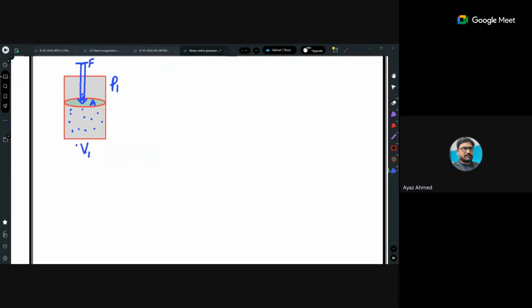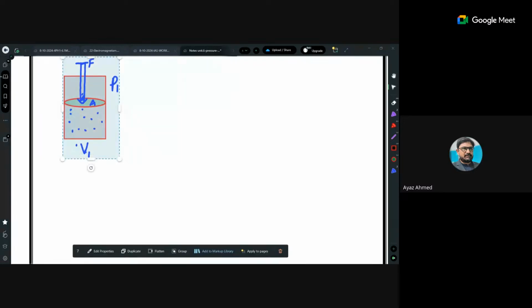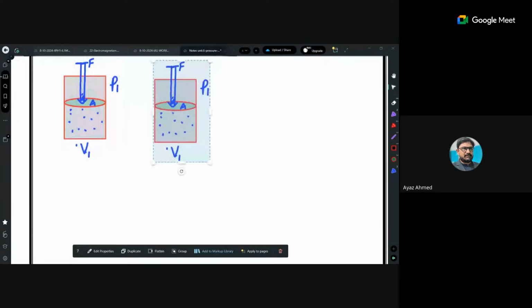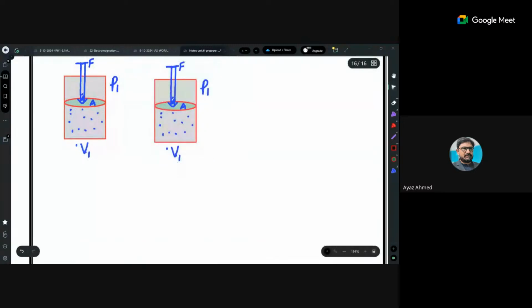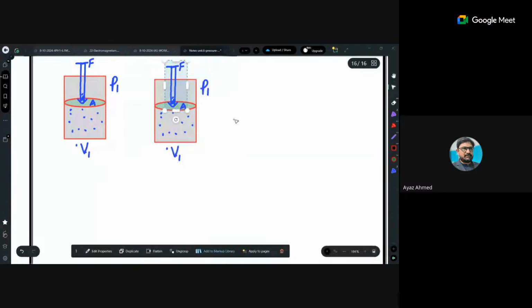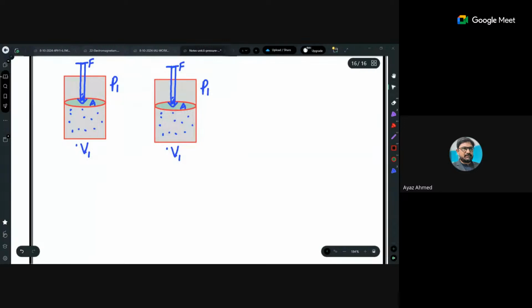But when you are going to change this setup, just tell me, when we are going to have the second situation, let's say now you have increased the pressure.